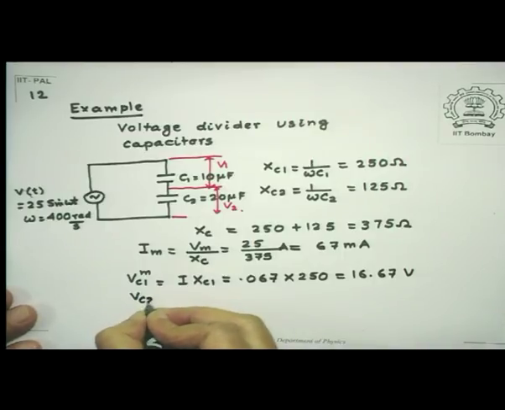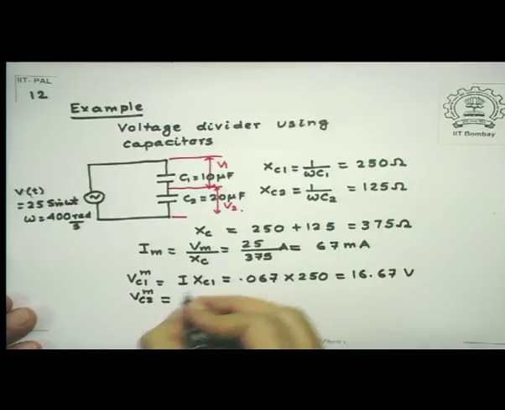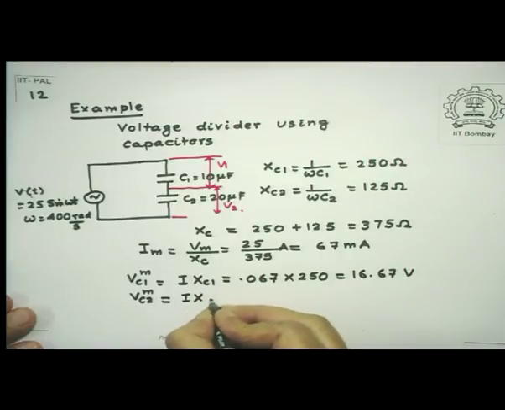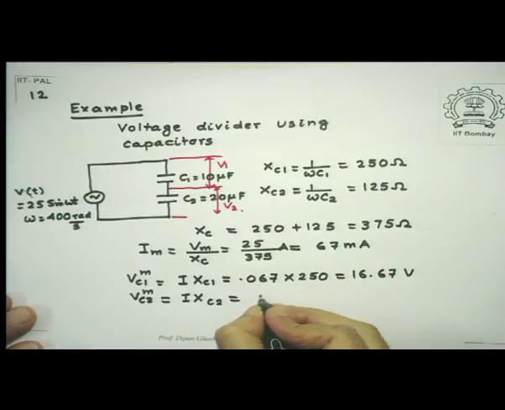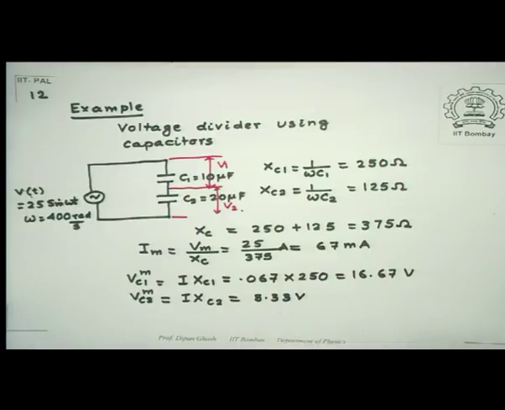VC2 will be I times XC2, and this is simply the same thing multiplied with 125, and that happens to be 8.33 volts. You can see that basically this voltage division has been in a 2:1 ratio.